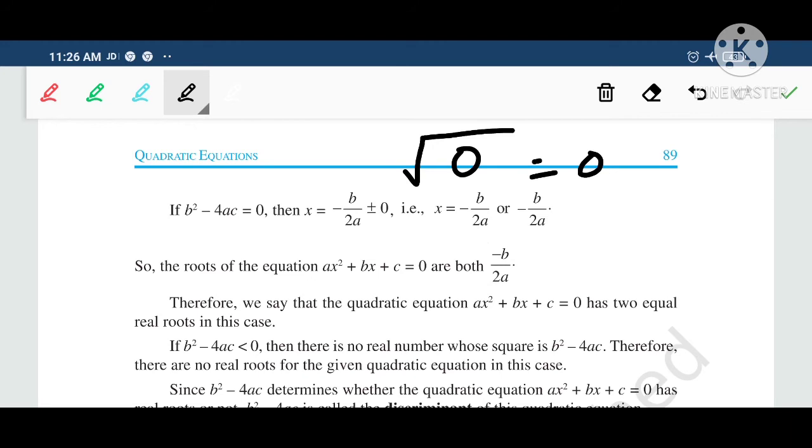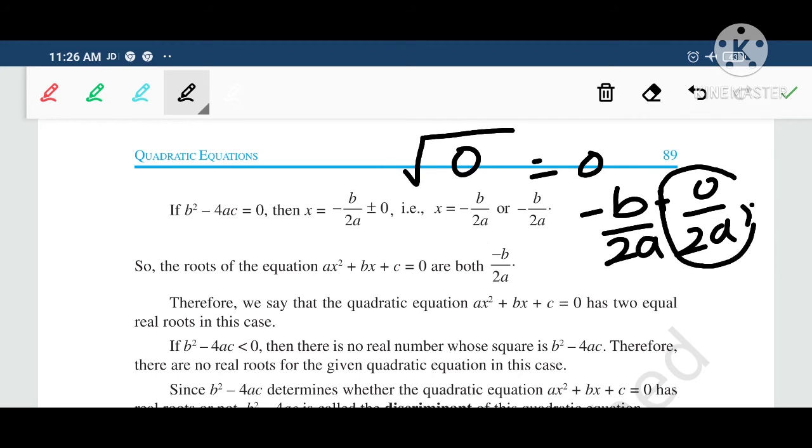Just recall the formula: minus b by 2a plus 0 by 2a, and minus b by 2a minus 0 by 2a. Whether you add 0 or subtract 0, finally you get minus b by 2a and minus b by 2a.